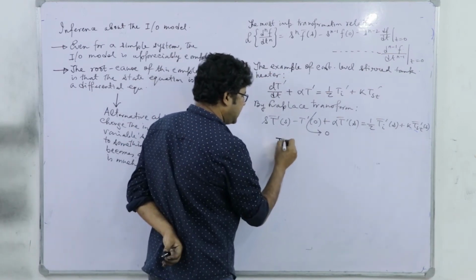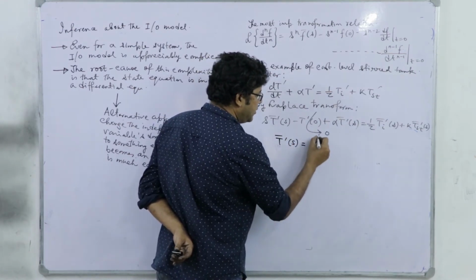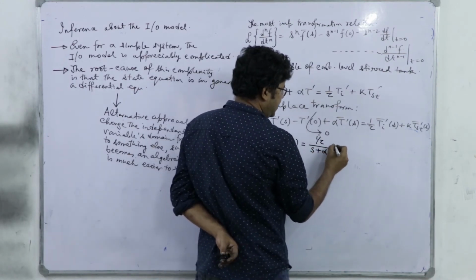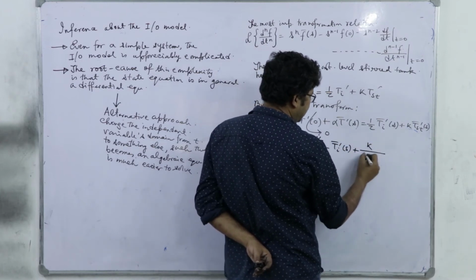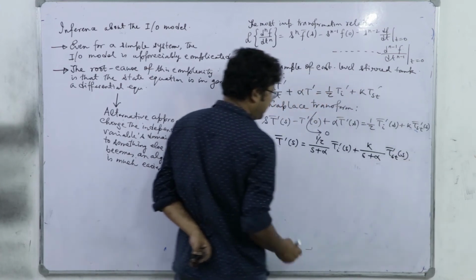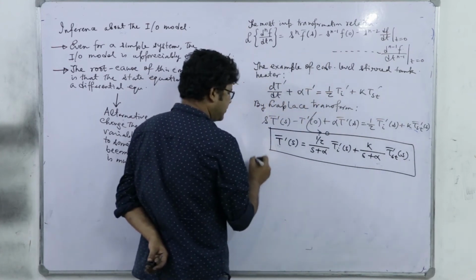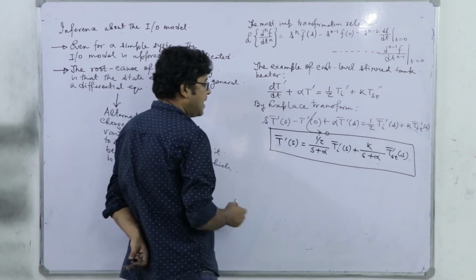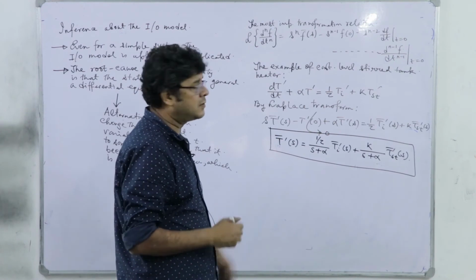We can write that T' bar(s) is equal to 1 by (tau s plus alpha) into Ti' bar(s) plus K divided by (s plus alpha) Tst' bar(s), right? And that becomes my input output model in the Laplace domain, which is much more simplified compared to the previous one. And the Laplace transform is a standardized transform.